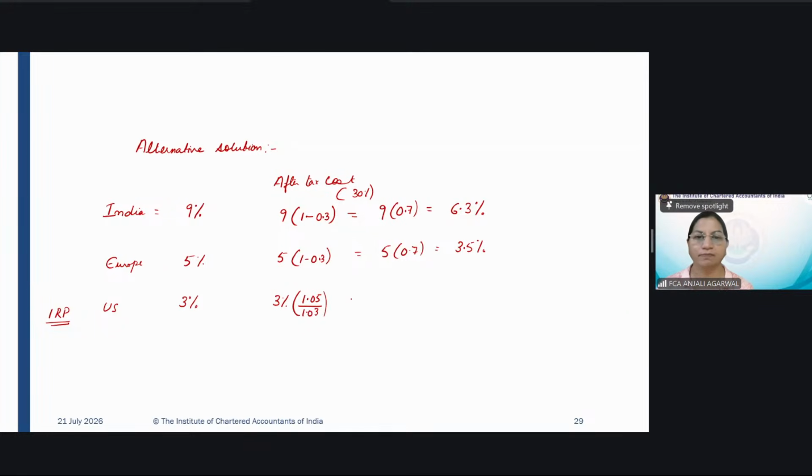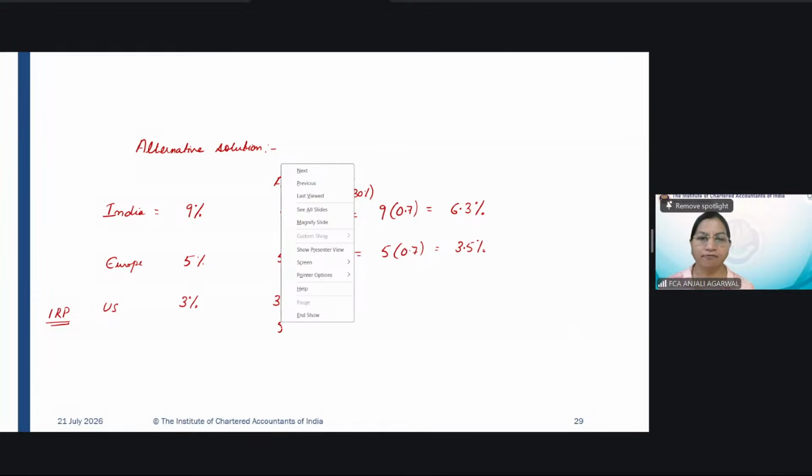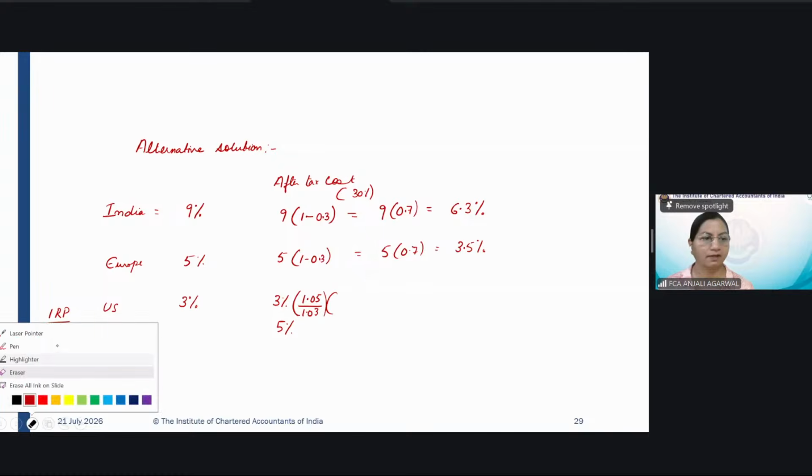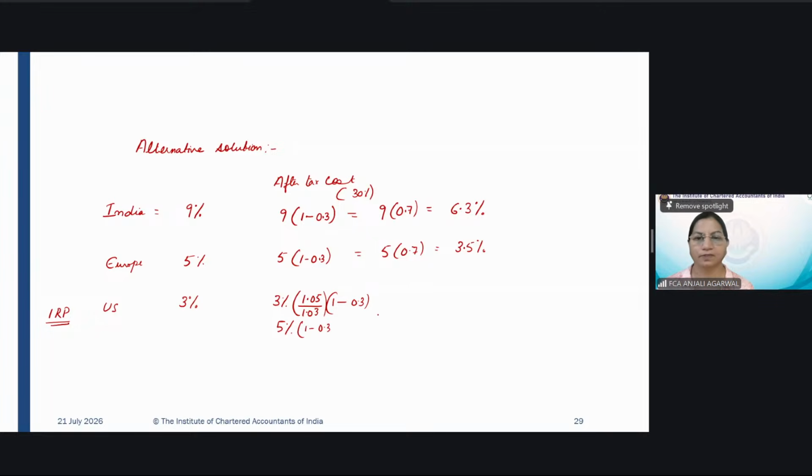So it will end up costing you 5% only, and then 5% after tax is once again the same.